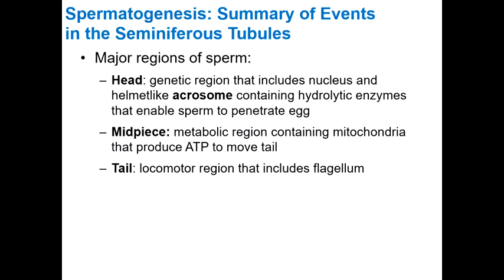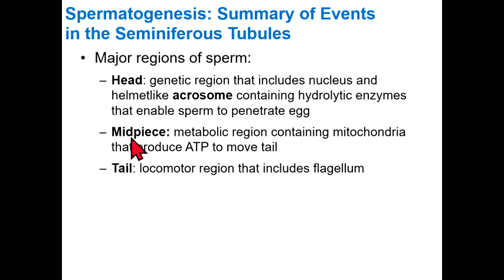That acrosome is important because it contains hydrolytic enzymes, and without that, that sperm cannot penetrate the egg in the female. So that acrosome is there to break through all the supporting material surrounding the egg, so the sperm can actually penetrate the ova in the female.